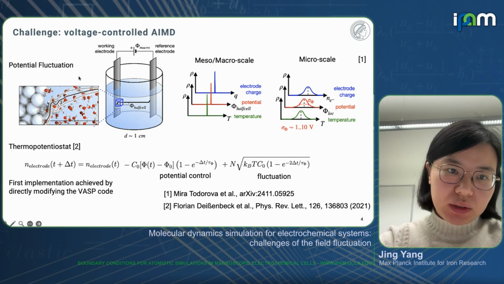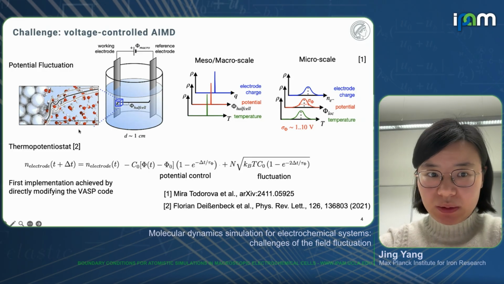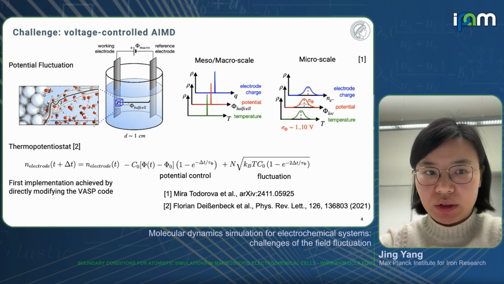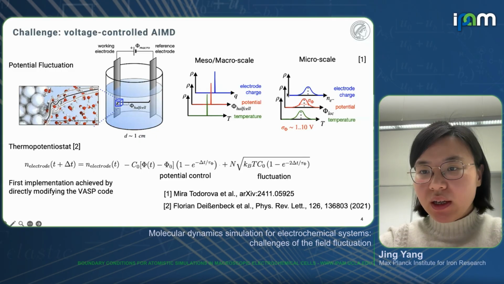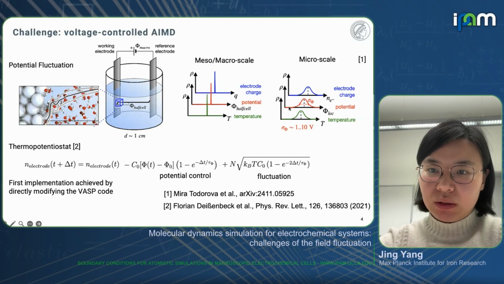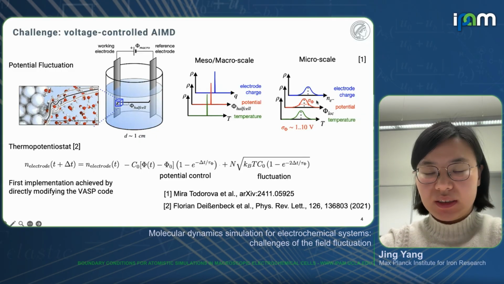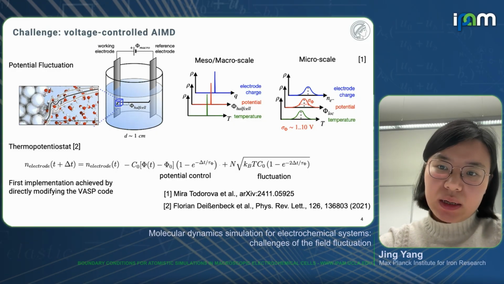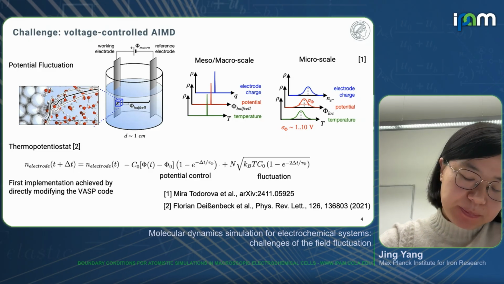But when we go down to these very small simulation cells, we need to also consider the potential fluctuations due to the very small scale that we are simulating. Indeed, in this case, we need to consider the distribution of the electrical charge and the potential to capture the correct reaction dynamics.